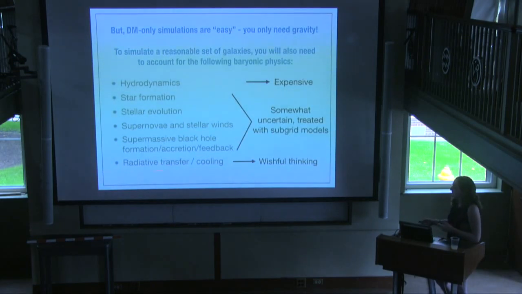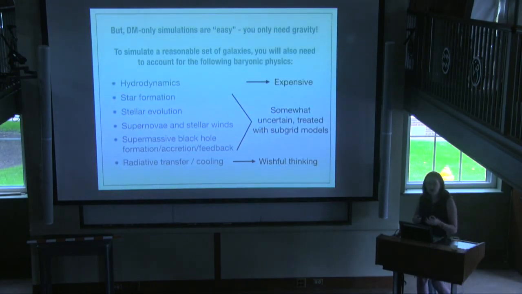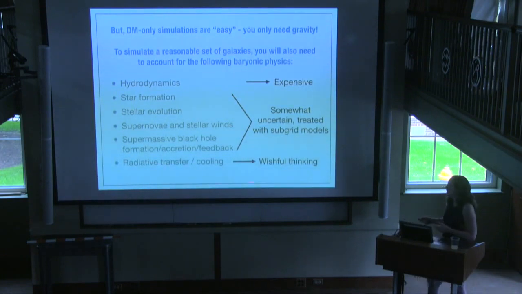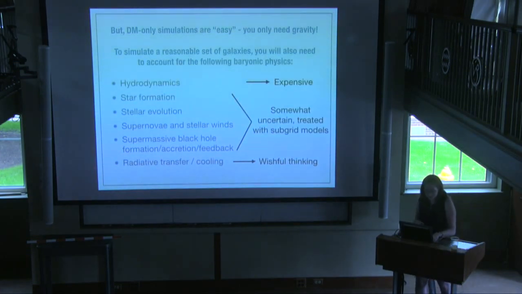So this is treated in a similar way when it's going to affect the way that the galaxy evolves. For example, for radiative cooling, there are subgrid prescriptions too. And then you can go back after the simulation is finished and do some post-processing radiative transfer if you want to get some pictures, for example, of what it might look like.